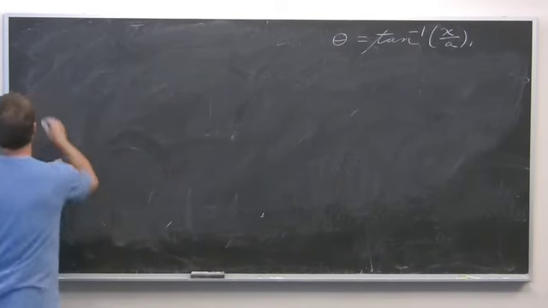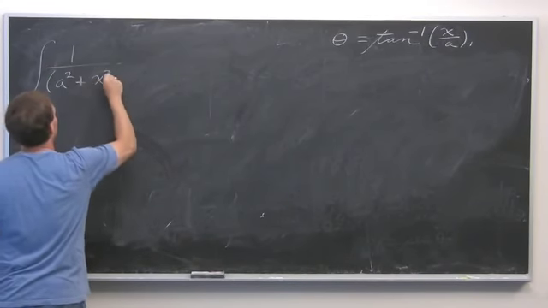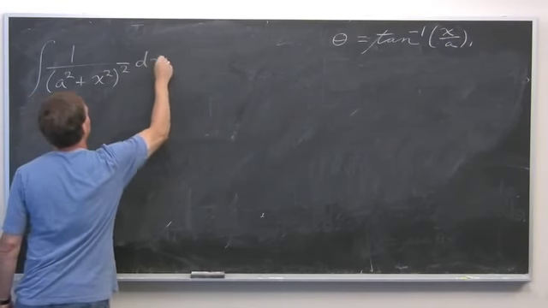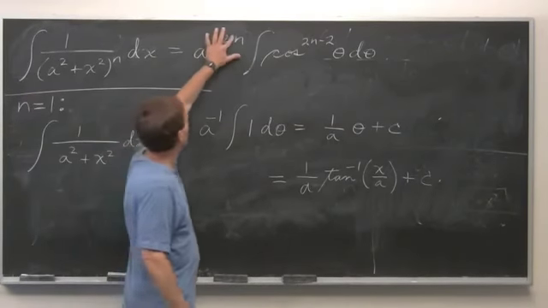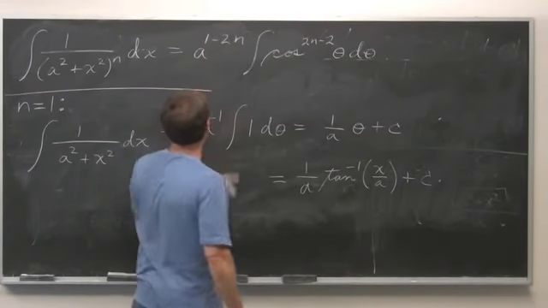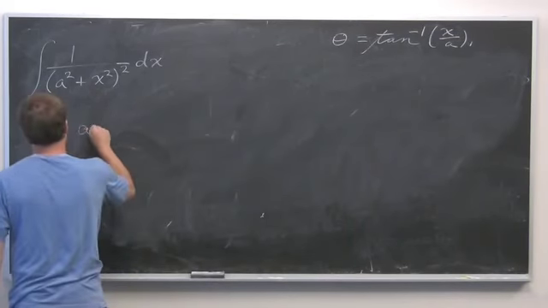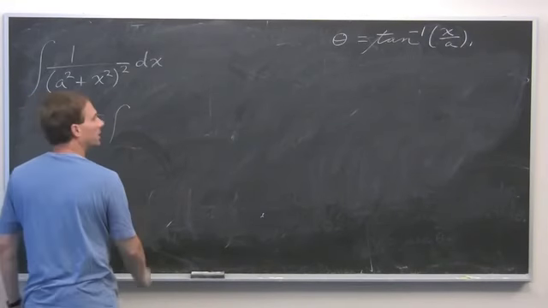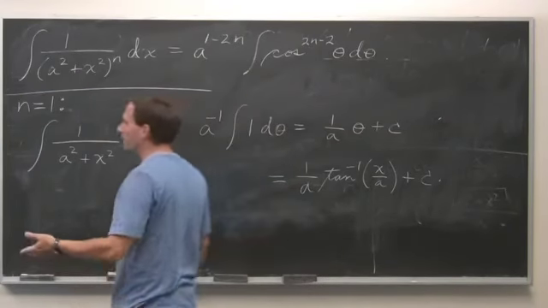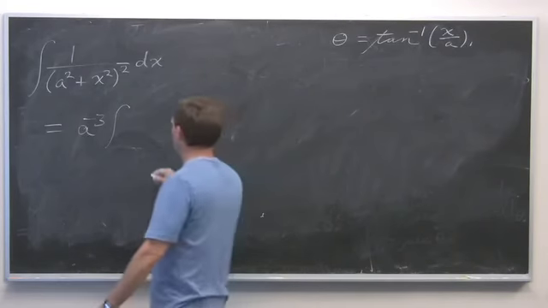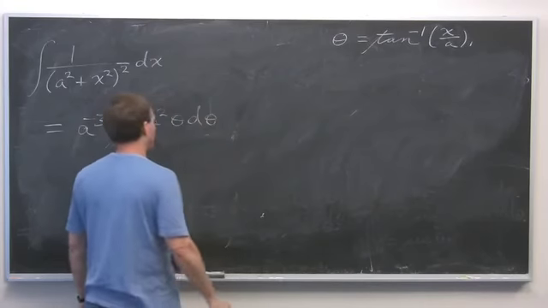So when n equals 2, we'd be looking at the integral of 1 over (a squared plus x squared) squared dx. Our formula says that you get a to the 1 minus 2 times 2, so a to the minus 3, times the integral of, we're letting n be 2, so cosine squared theta d theta. Now we just integrated cosine squared theta d theta a minute ago.